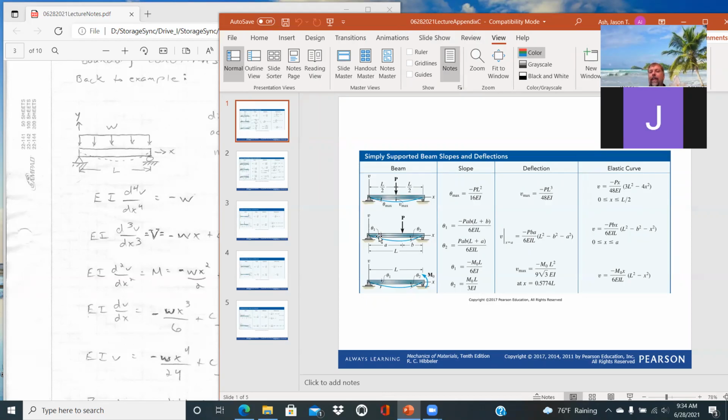If you're uncertain of where the maximum deflection is, you can always solve the slope of the beam and determine where the slope is equal to 0. And that'll give you the X value where the maximum deflection is. And so that's a handy trick because it's not always apparent.